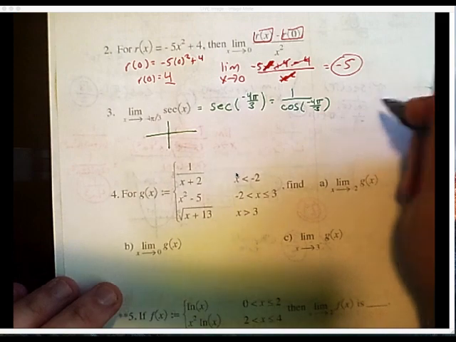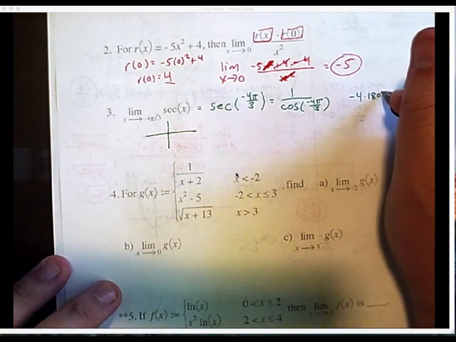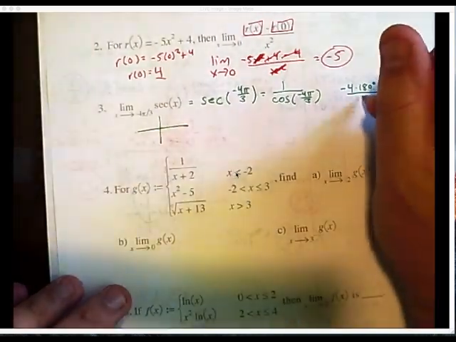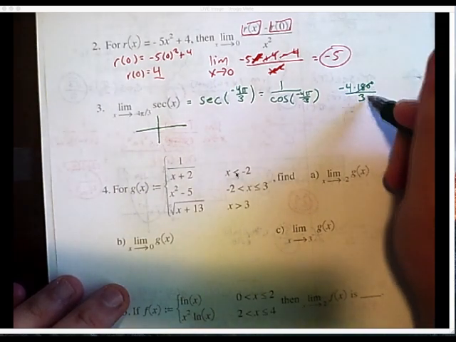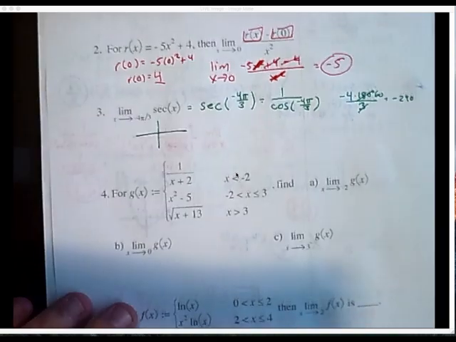Well, if you want to think about degrees, pi radians is like 180 degrees. If you want to think about that, this is just some side work. And 180 over 3 just becomes 60, so that's negative 240 degrees.